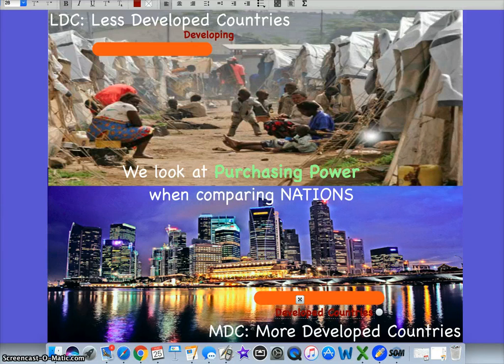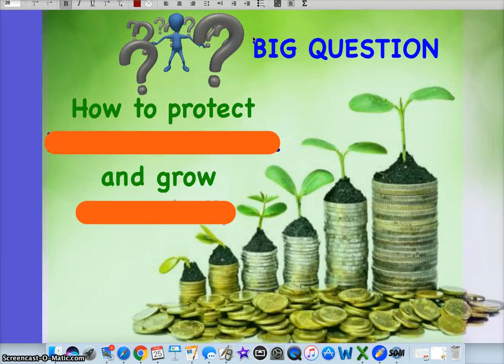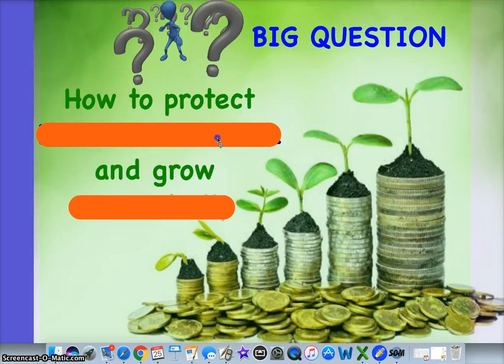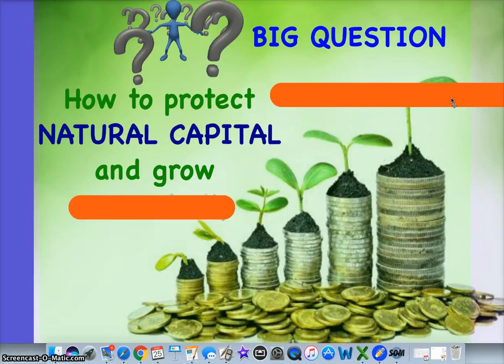Yes? So our big question in the environment, even though we're not going to focus on money or economy, because it's never going to be involved, but we're going to talk about it, is how can we protect our environment, our natural capital, which is what? Say it out loud. Natural resources, which include services, matter and energy, and the natural services, which include cycling of matter and flow of energy.